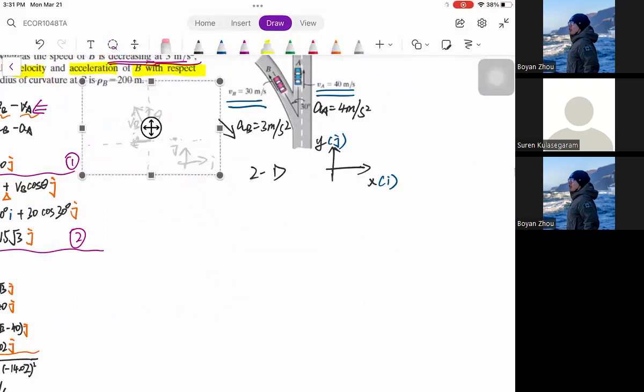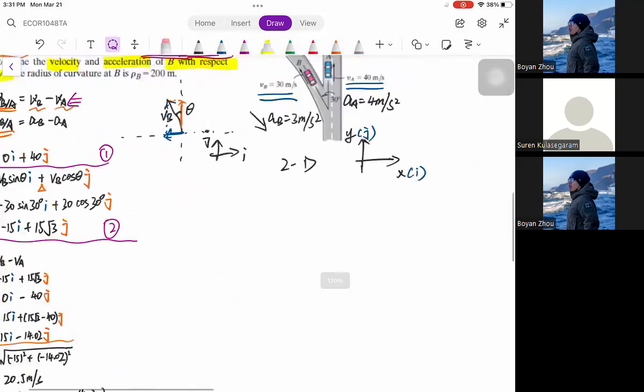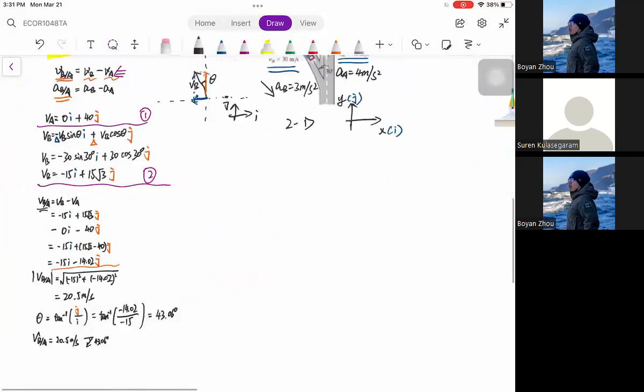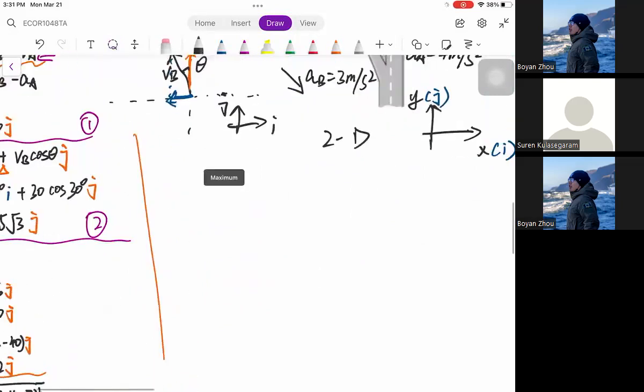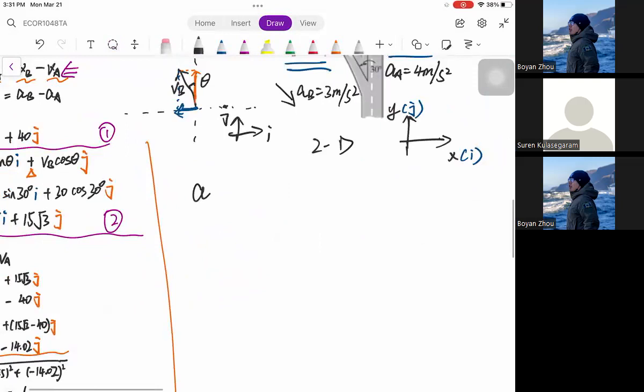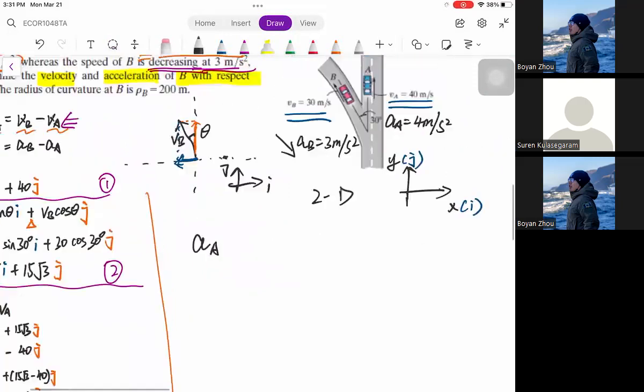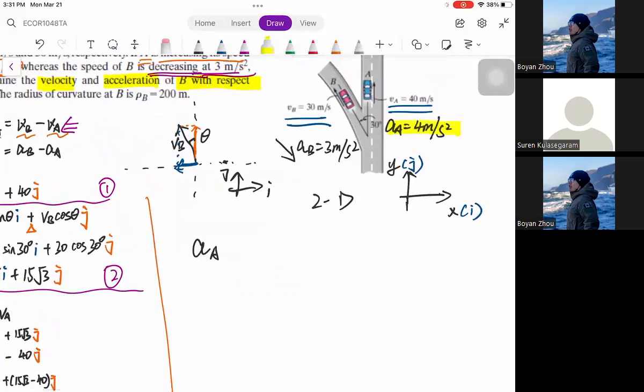So that is for the velocity. And for the acceleration it is the same idea. The acceleration for A is given here. It's 4 meters per second square pointing up. So that's gonna be 0 on the I component again, plus 4 on the J component.